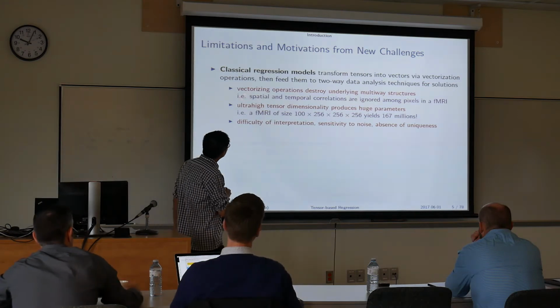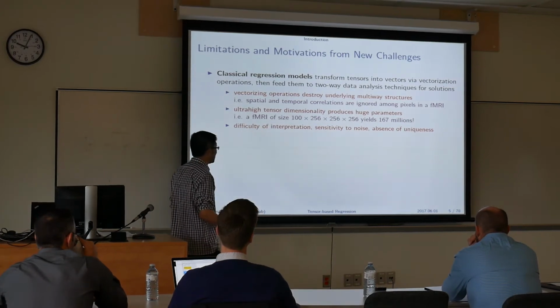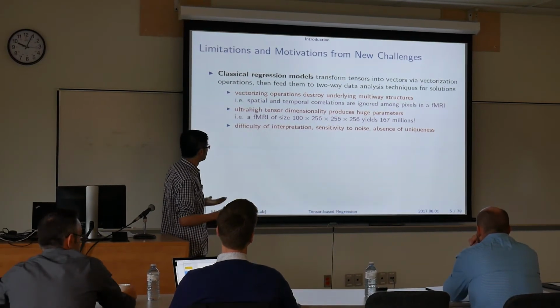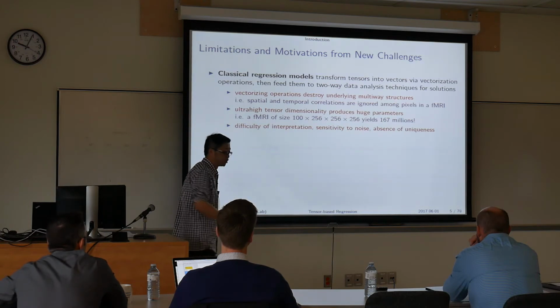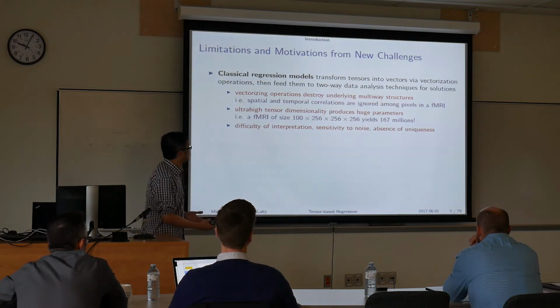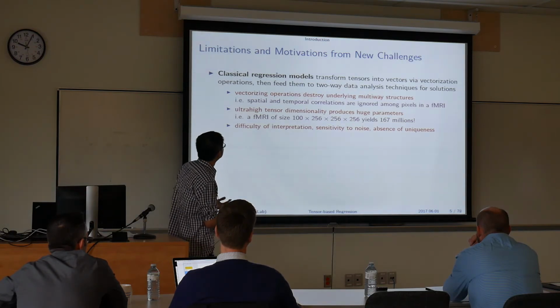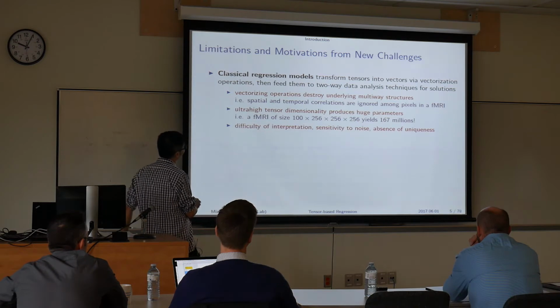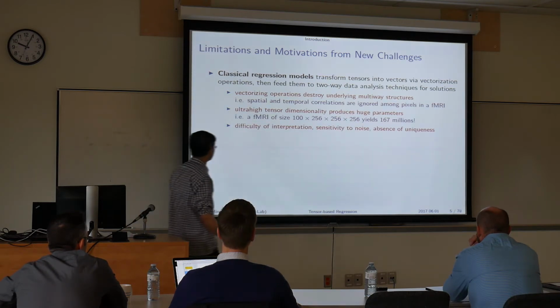Vectorizing operations will destroy the underlying multivariate structure of the tensor data, and they further suffer from the fact that the ultra-high dimensionality will produce a huge number of parameters, which will lead to overfitting and break the theoretical guarantee of the classical regression approaches. Other drawbacks include difficulty of interpretation, sensitivity to noise, and lack of uniqueness.